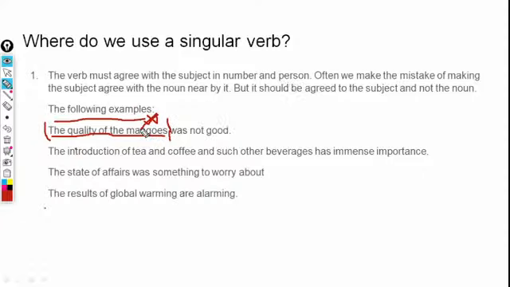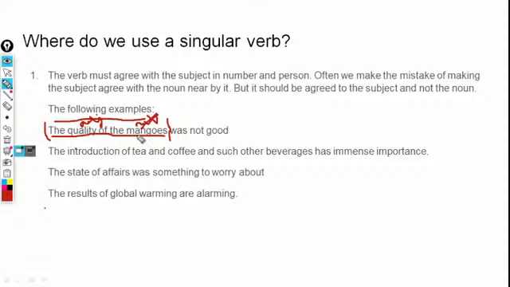The noun is not always the subject. Here, this is the noun, right? Mango is the noun. Quality is the adjective of that, of the mangoes. But the subject is this entire thing, the quality of mangoes, which was not good. It could be taste of mangoes also. It could be flavor, smell of mangoes. But whatever it would be, the subject will be the entire thing.